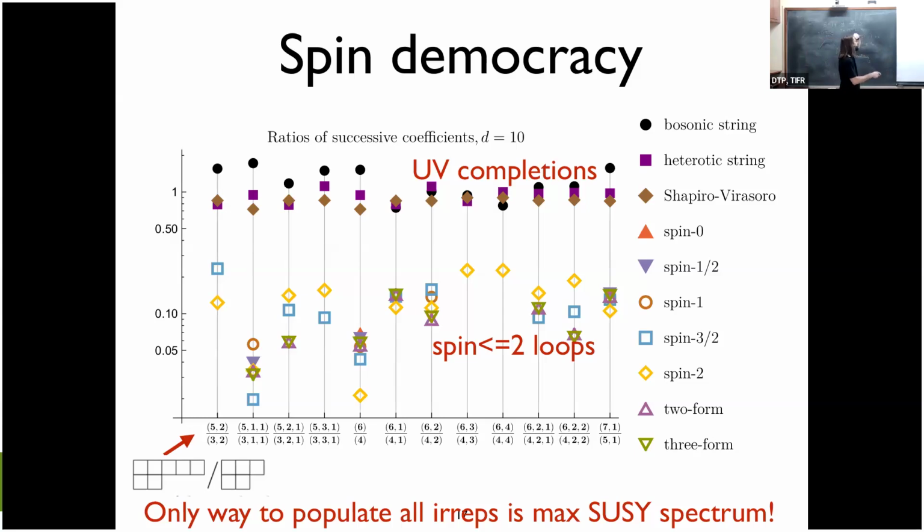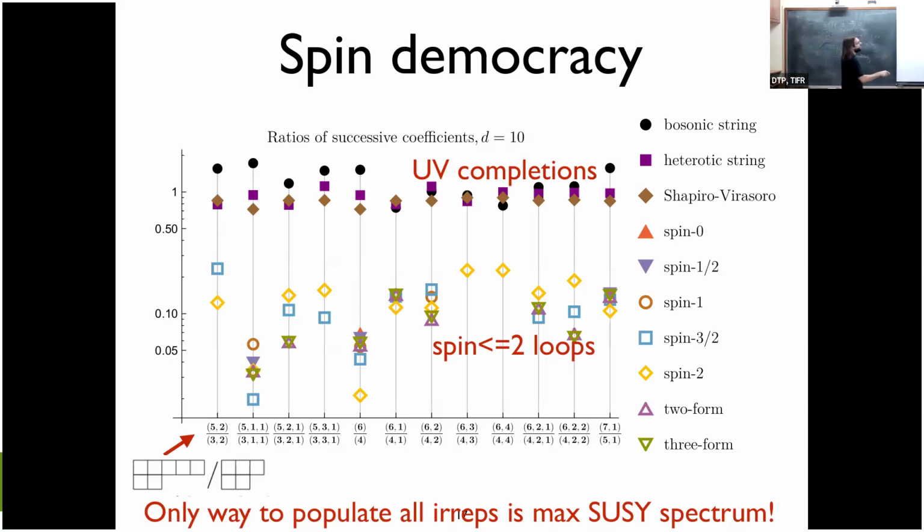And something else that we noticed, which is sort of interesting. It's trivial, but I think it's actually quite interesting. One part of it is trivial, which is that the only way to populate all of these representations is to have a matter content that is approximately there, all of these things here.